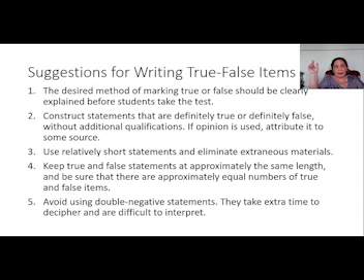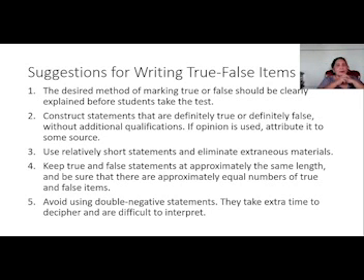And be sure that there are approximately equal numbers of true and false items. So, if you have 20 items, you can split it into 10 true, 10 false, or 11 true, 9 false, not 1 true and then 19 false. Okay, as much as possible, equal in length and what?